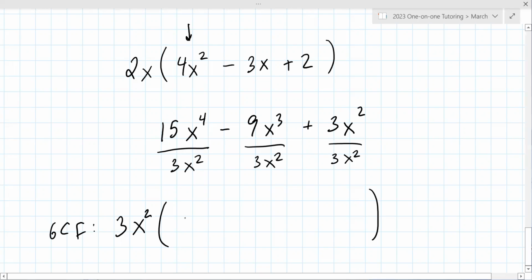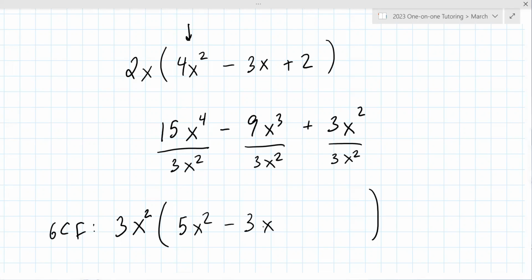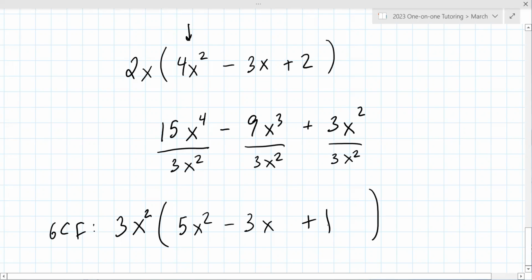Or negative? Okay. And then negative 3x, right? Because it would just be x to the 1. Yes. And then would that just be plus 1? Plus 1. You got it. Okay, so that takes care of greatest common factor.